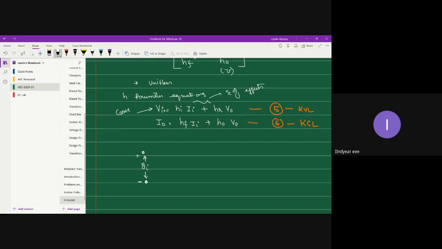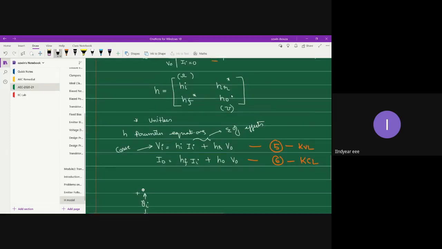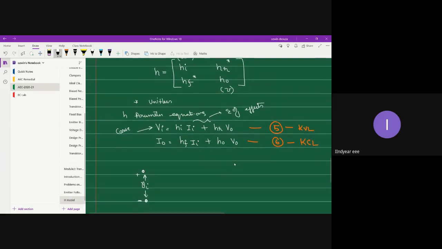That is, voltage is equal to current into impedance plus HR into V0. HR is dimensionless. I have already told you, I put a star for HR, they are unitless. So you are just multiplying some unitless number with V0, so again this product becomes voltage. So let's do that. HI into Ii. So what is the unit of HI?